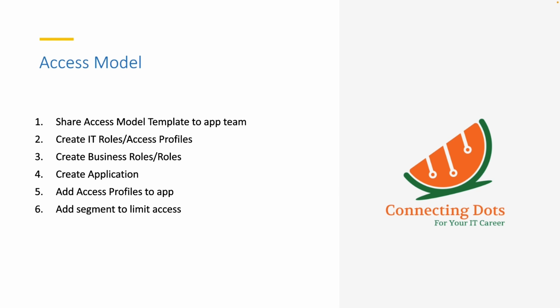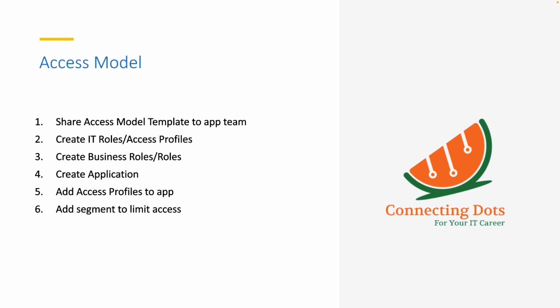In Identity Now we have an additional concept called application. The application gives you the functionality of reset password. Plus, you can group the list of access profiles into a single application. When you go to the request center, you can choose the application for which access you are looking.